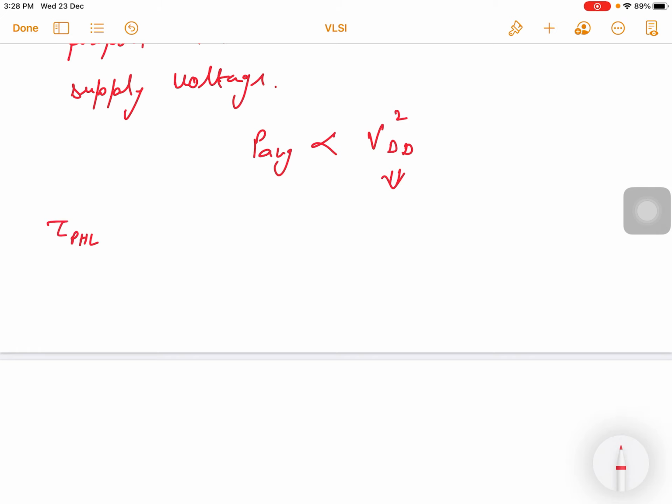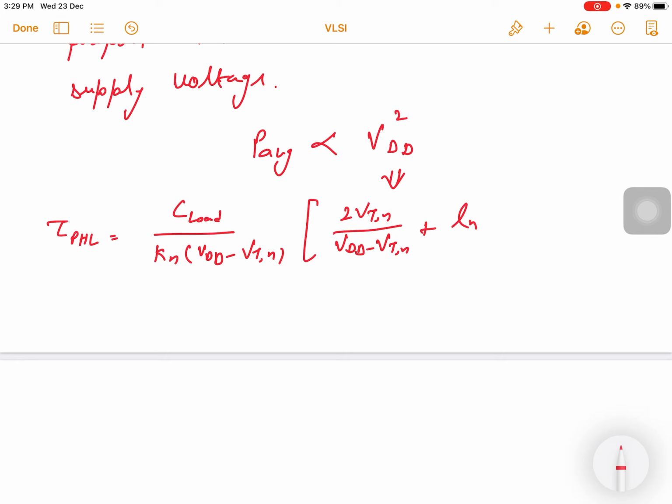Directly you can justify from the tau PHL formula, that is C load divided by Kn times VDD minus VTN, times the bracket of twice VTN upon VDD minus VTN plus ln of 4 times VDD minus VTN divided by VDD, minus 1.